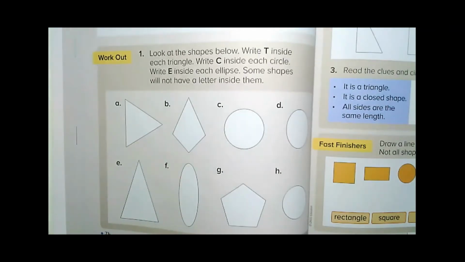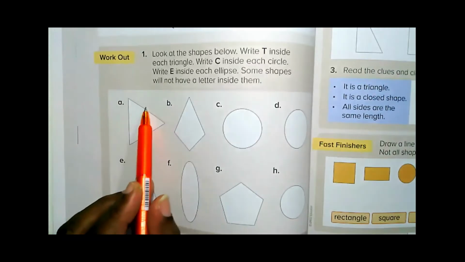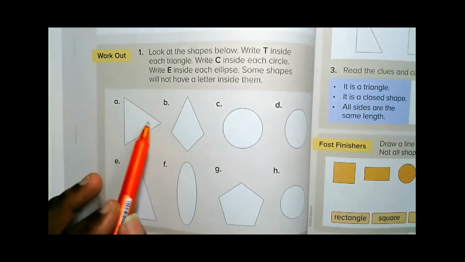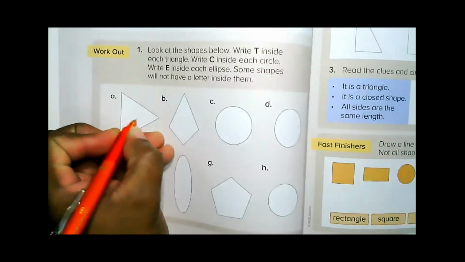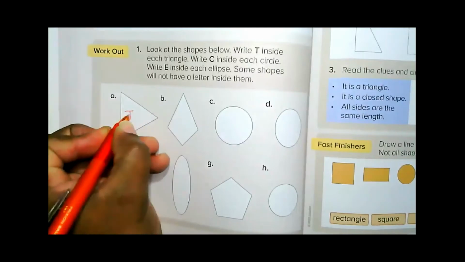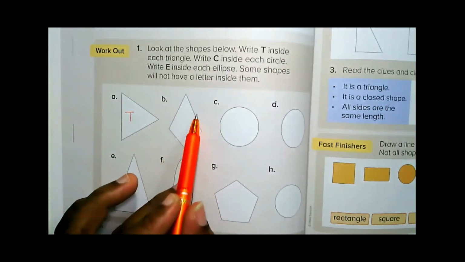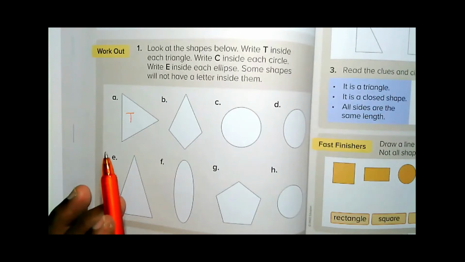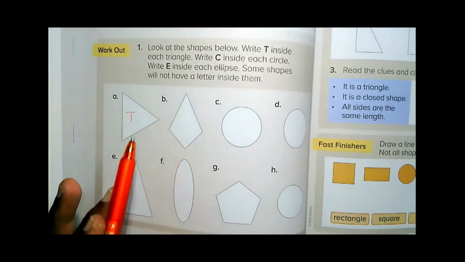Part A, this has three faces, 1, 2, 3, and three edges, 1, 2, 3. So it is a triangle. So write T. Part B, this has 1, 2, 3, 4 faces and 1, 2, 3, 4 edges.